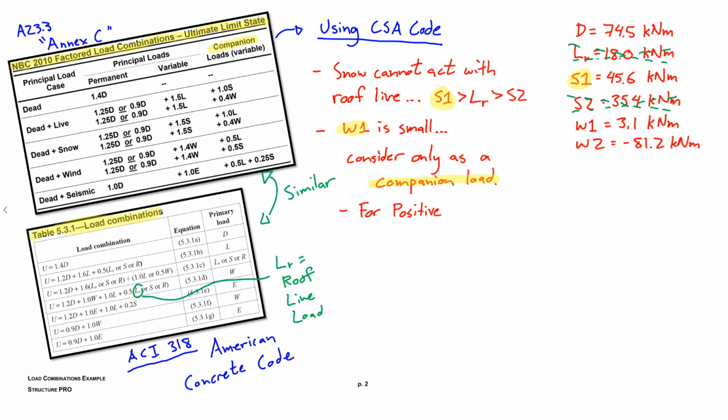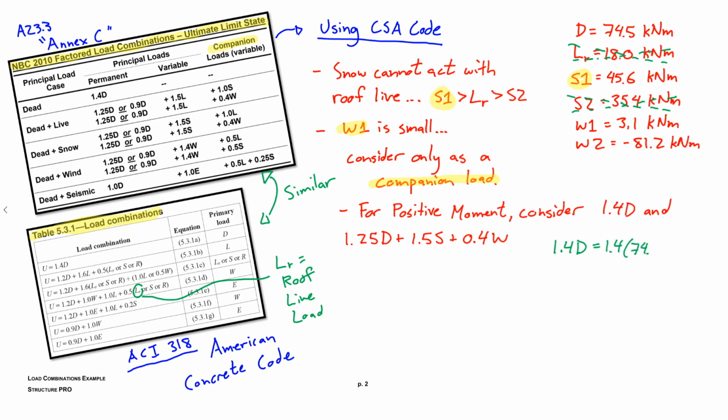For the positive moment, trying to figure out the worst positive moment, M_F, at this base, we should consider the very first load case, 1.4D, because the dead is pretty high in this case, and we should consider 1.25D plus 1.5S, in this case S1, plus 0.4W, in this case W1.